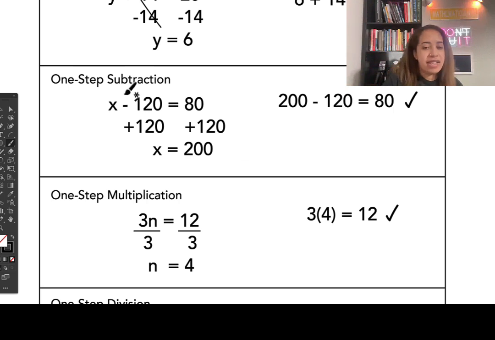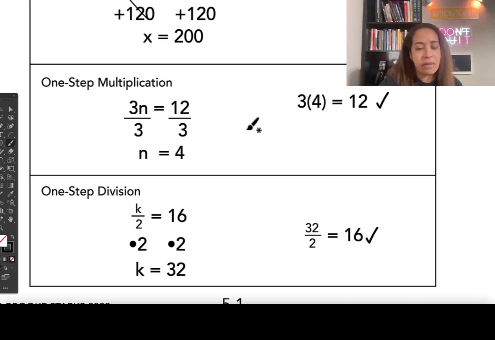That makes these cancel, so the x is by itself on the left, and then on the right, 80 plus 120 equals 200. We can check our work by plugging in your final answer in for the variable in your original problem. 200 minus 120 does equal 80, so that's how we know that the answer we got is correct.